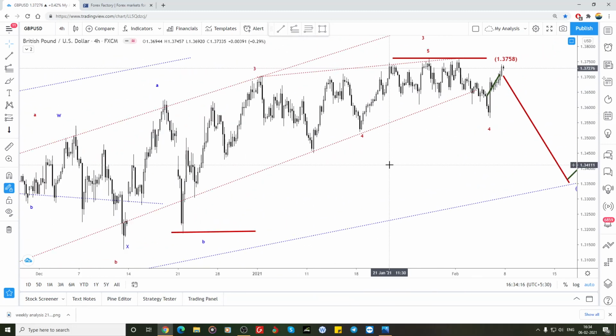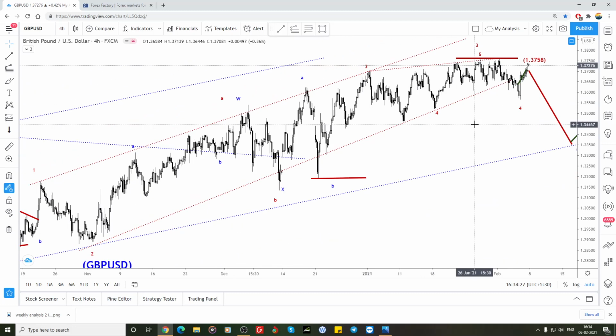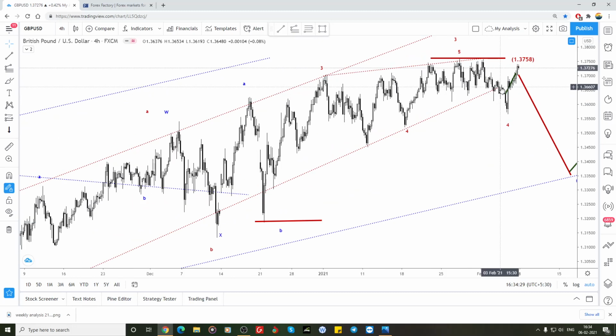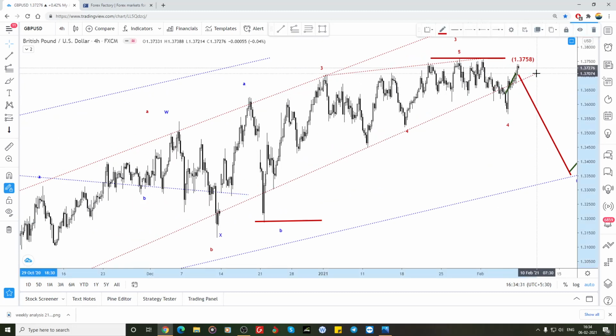And here, what I said is it's looking like a wedge formation. Either it could be a drop, and if it breaks the wedge, you need to enter. But if you enter with a stop loss here, it got hit, right?